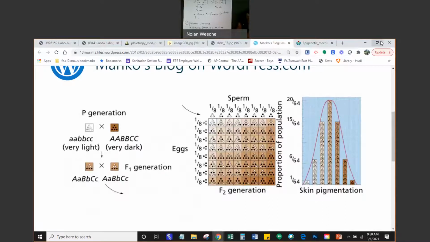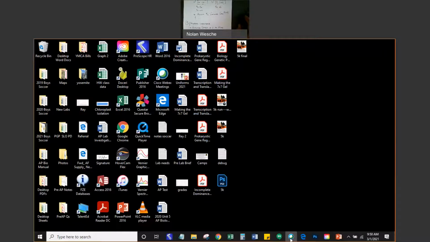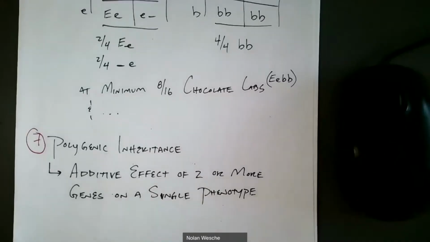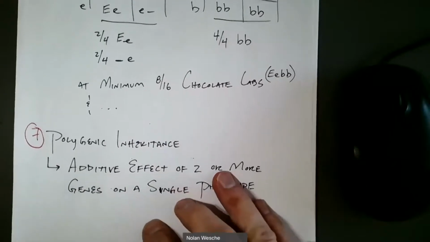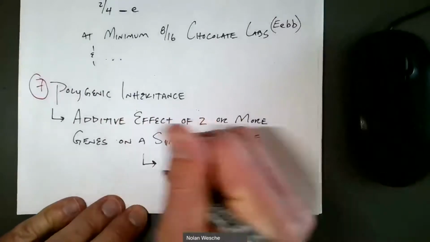So let's go ahead and make some notes in terms of that. I'm going to stop sharing the screen. Actually, we're not going to work any problems right now with this. We're just going to write down these examples.